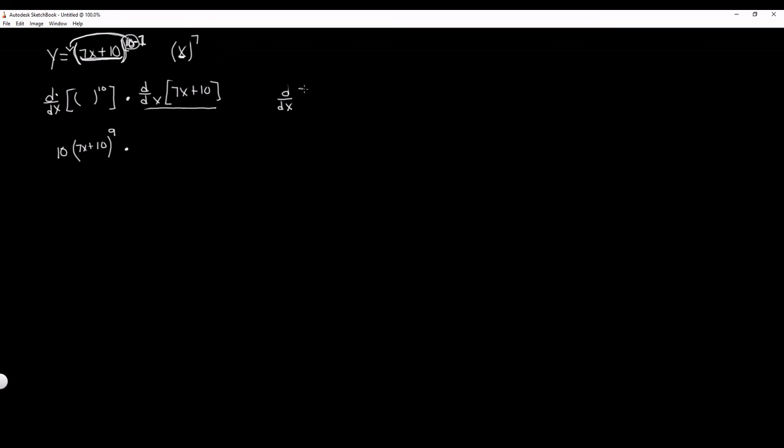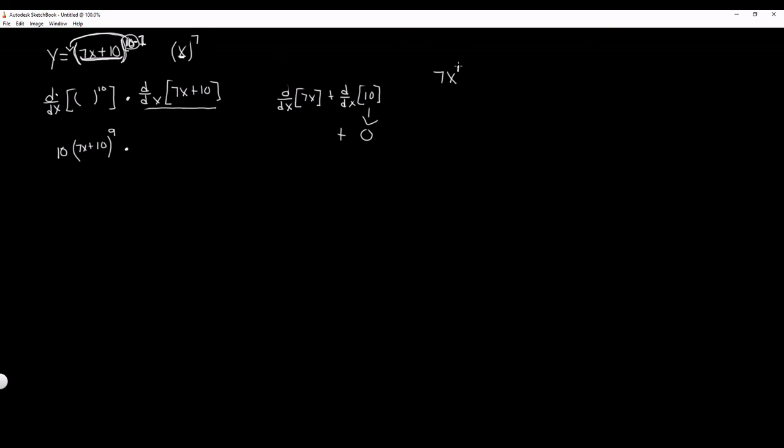So we're going to take the derivative of 7x plus the derivative of 10. Well, the derivative of any constant is just 0, so this is going to be 0 plus the derivative of 7x. We can use the constant multiple rule, but in actuality it's just the power rule, right?